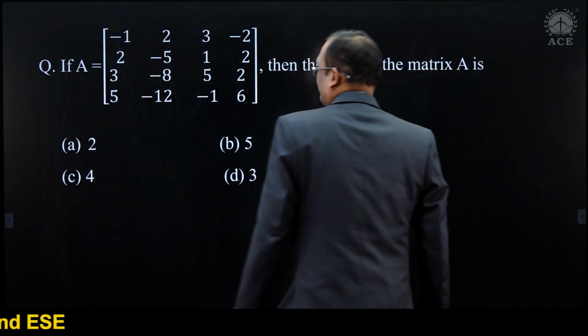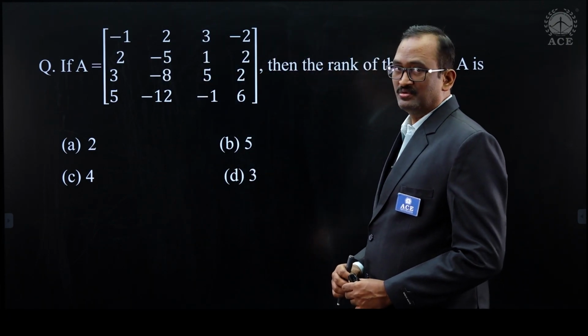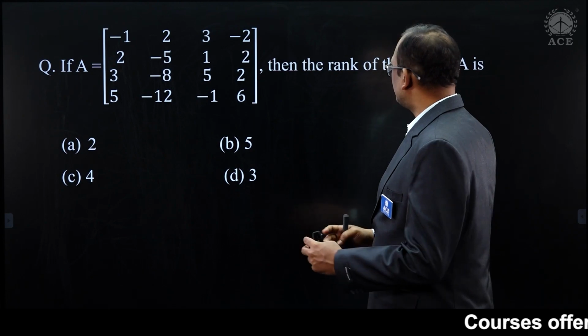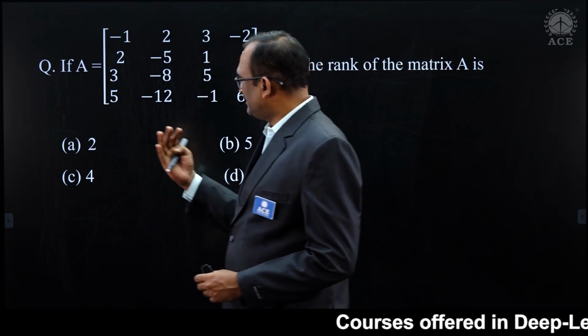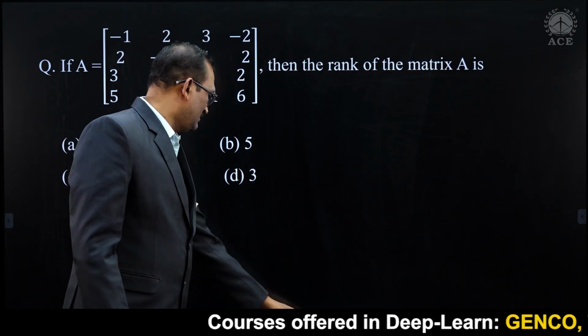You just observe. If A is equal to this matrix, we just need the rank of the given matrix. Very simple.